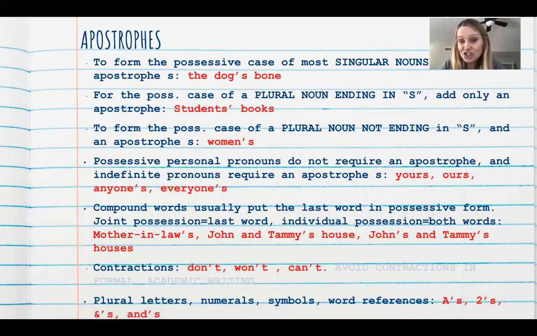And if I'm telling my reader that I have a plural of something more numerical or just a letter, so if I say I got straight A's, it's A apostrophe S, or don't forget to look out for the 2's, 2 apostrophe S.